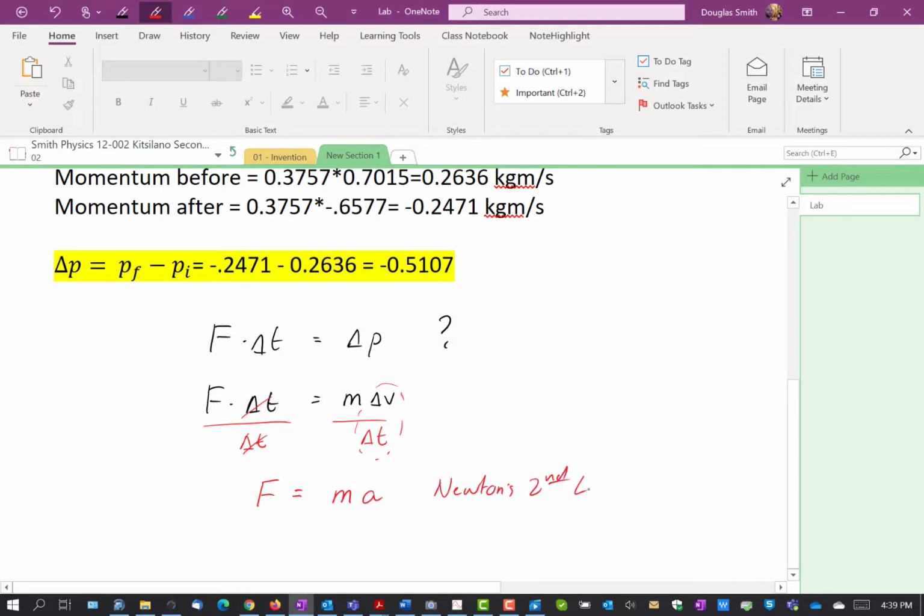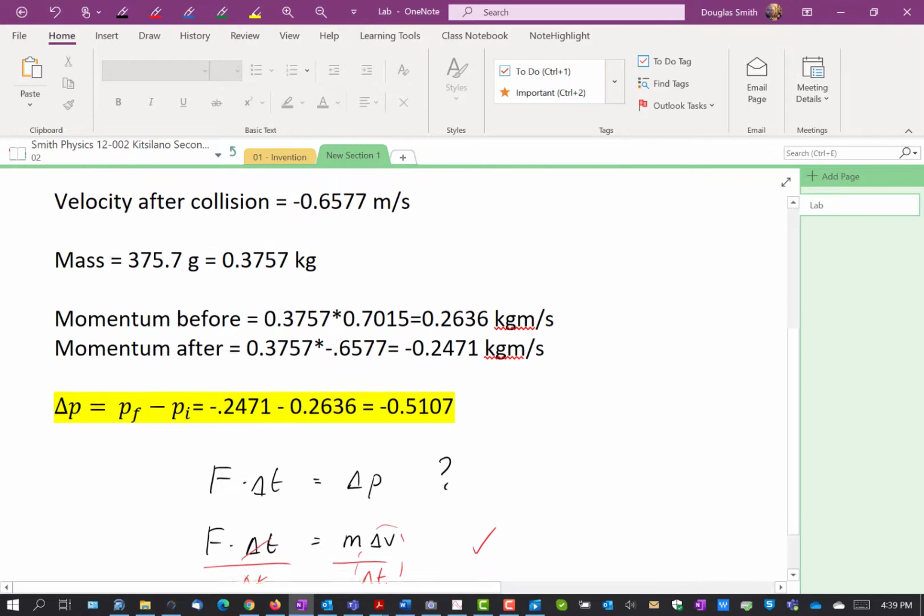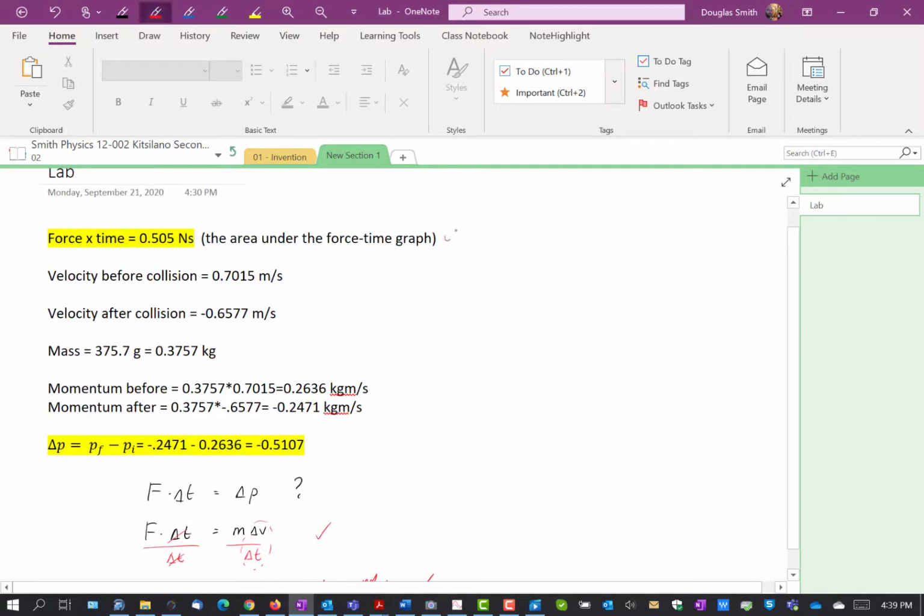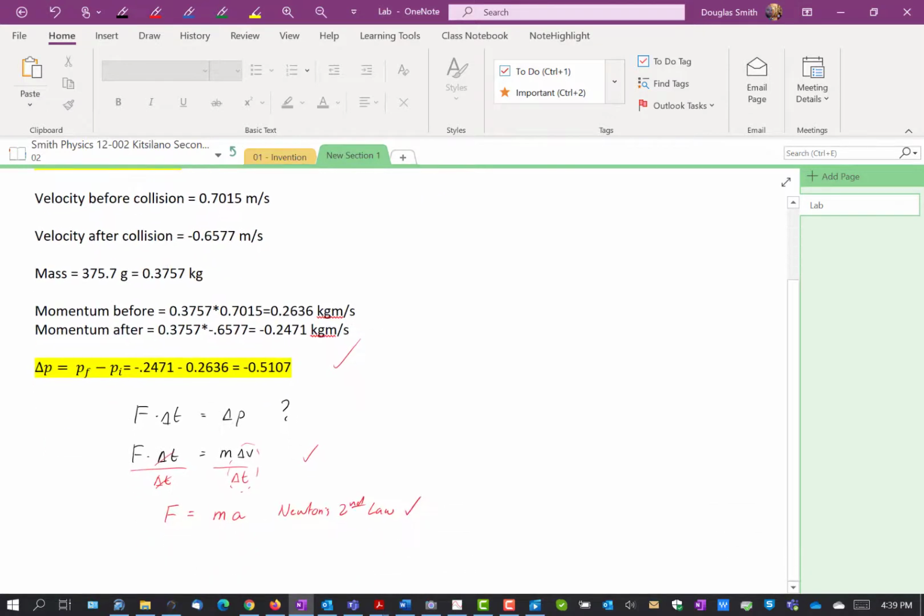And if we believe this is true, and we believe the algebra is correct, and this looks like pretty solid data to support it, I think we have a new model. And we'll even give that a name. F times delta t is equal to impulse. And we're going to use that in our momentum unit as well.